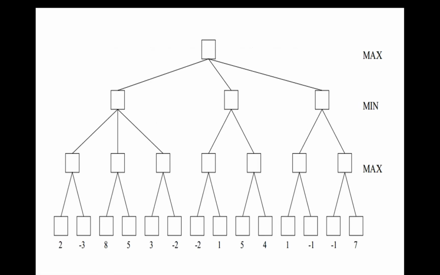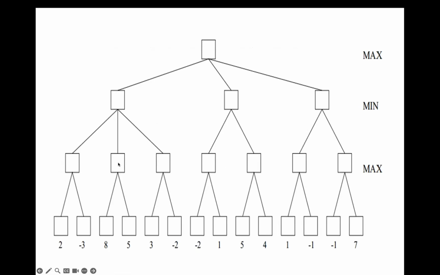So remember, we said the two values we want to keep track of are the beta value and the alpha value. The alpha value is the highest value seen so far on the maximizing level. So for example, here you are maximizing, there you are minimizing, and you are maximizing.